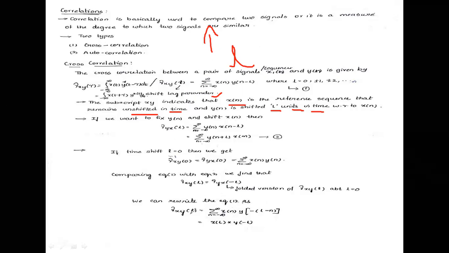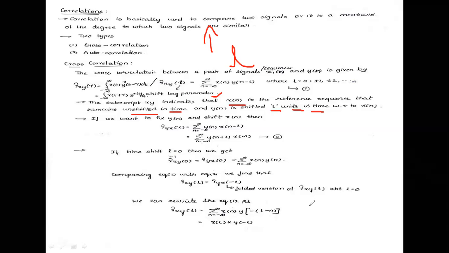You can rewrite the equation as r xy of L is equal to the sum over n from minus infinity to infinity of x of n y of L minus n. In that case only, both are equal.